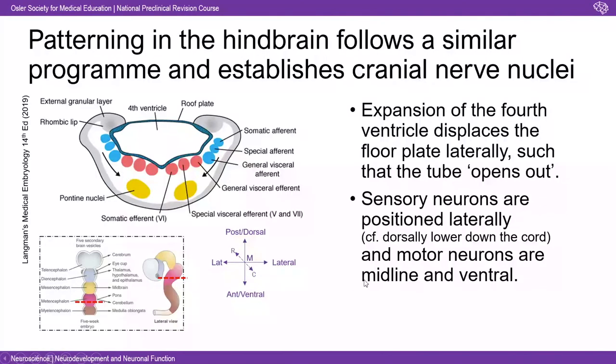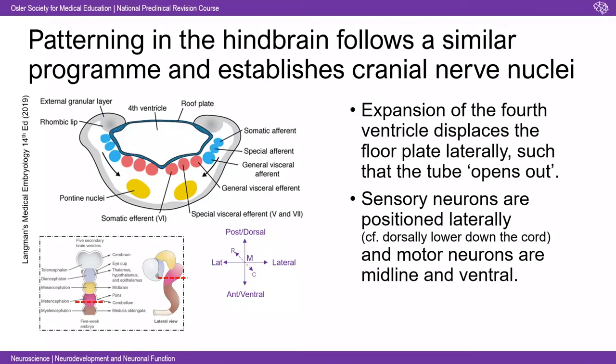A very brief mention of the brainstem and the hindbrain, and really I want you to think of the arrangement of sensory and motor nuclei as exactly the same, but I need you to account for the fact that in this part of the brain, the fourth ventricle becomes really dilated and expanded and pushes the brain tissue laterally, if you like.